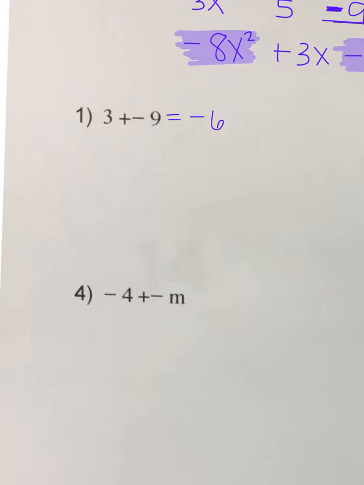Because I want to write as little as possible, I don't have to write the addition sign. It's not necessary because I already have a negative or subtraction sign in there. So I'm going to just take out that addition sign. Now my problem reads 3 minus 9. Well, what does 3 minus 9 equal?